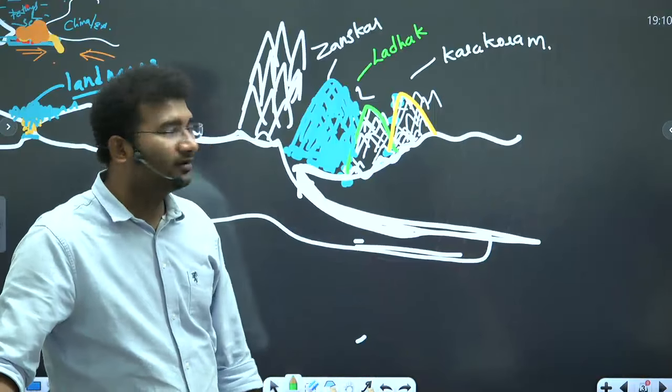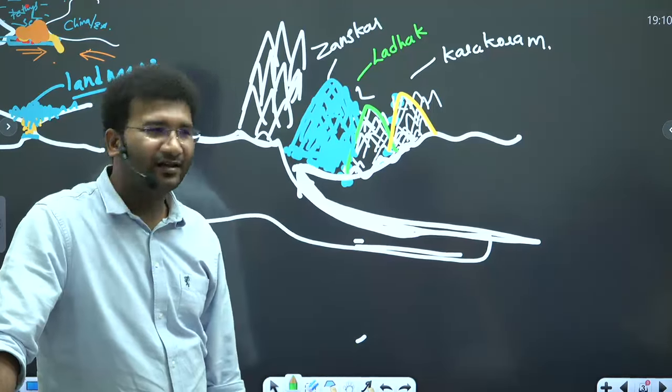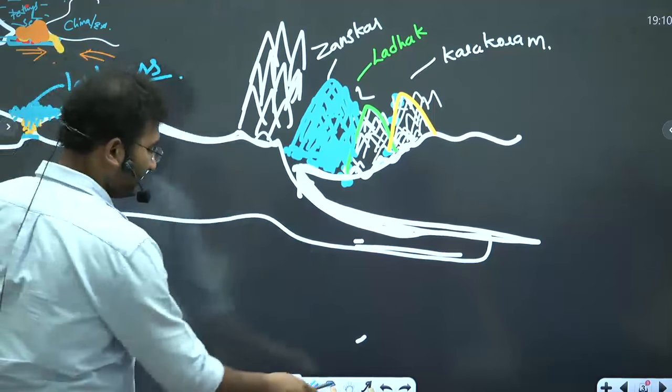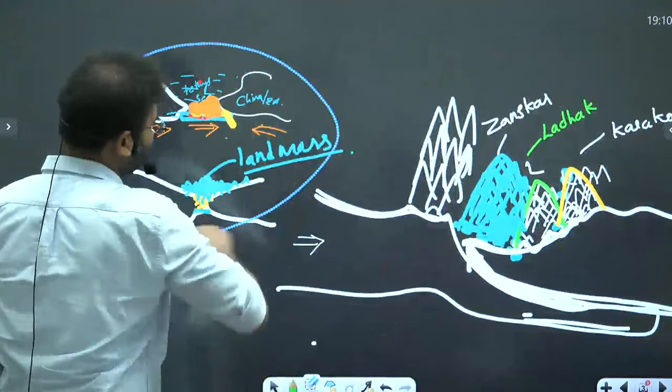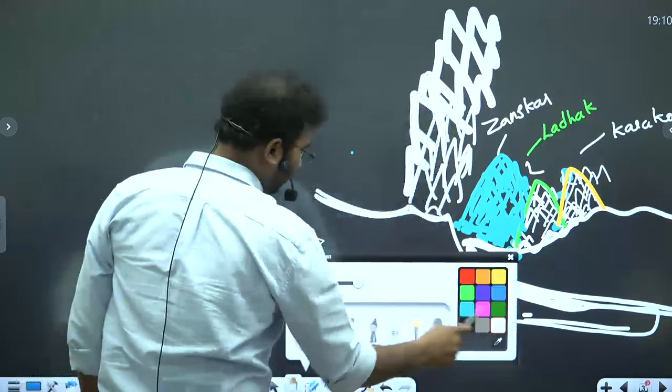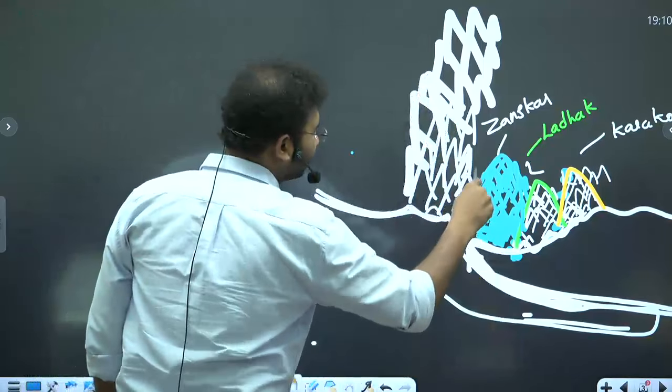And one more thing, your Himalayas which are there, they are not straight mountains. In fact, these hills are tilted like this. Okay? All these mountain ranges are connected with each other.